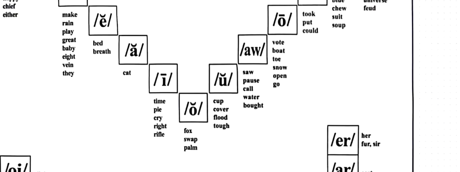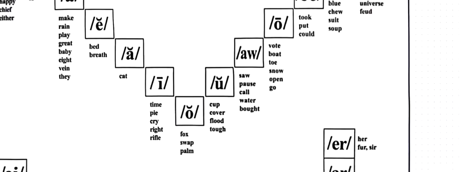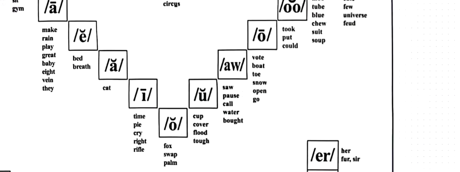So this OU makes the ah and this GH makes the f sound. What, watch, bought. This BOUGHT also makes the ah sound.